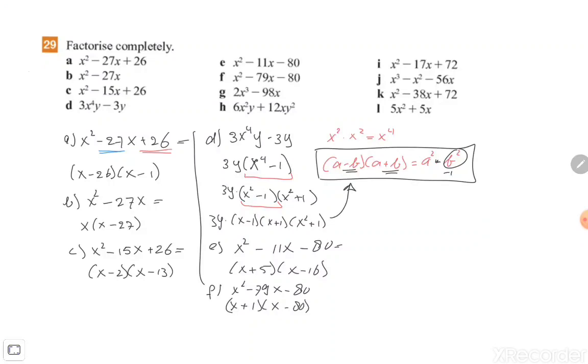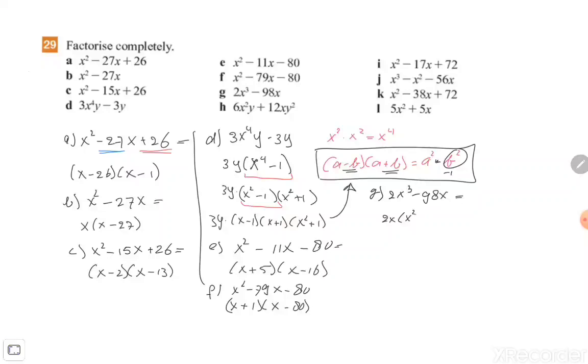All right. Exercise G. 2x to the power of 3 minus 98x. You can't use the product sum method, so we need to put something outside the bracket. Looking at the terms, you get 2x outside. So what do we have left?